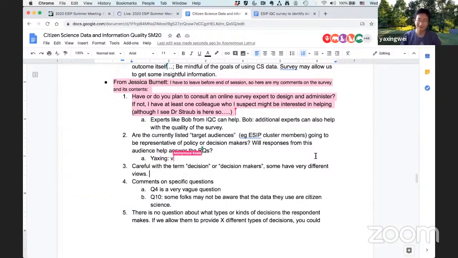I don't think many of the users from the currently listed audience are decision makers, but I assume some of them have conducted data analysis or science discovery for the purpose of decision making downstream.